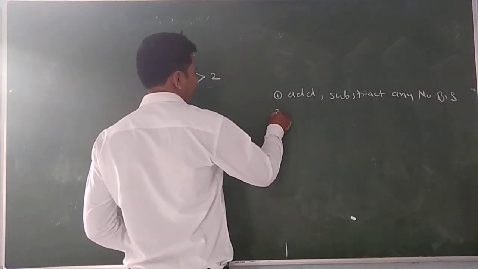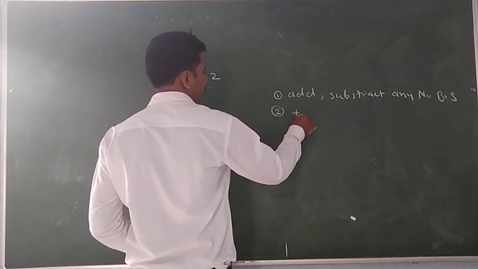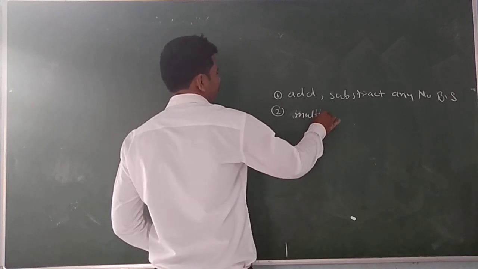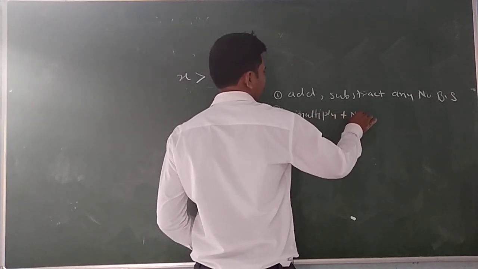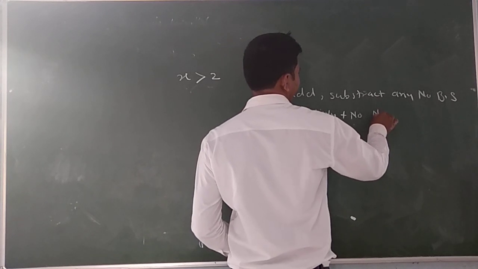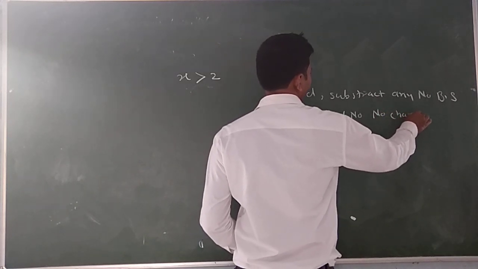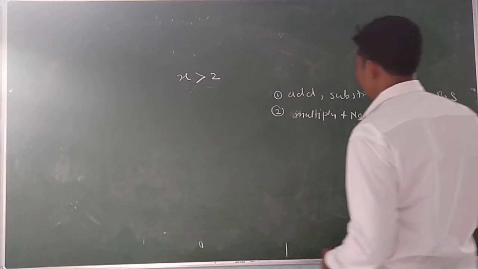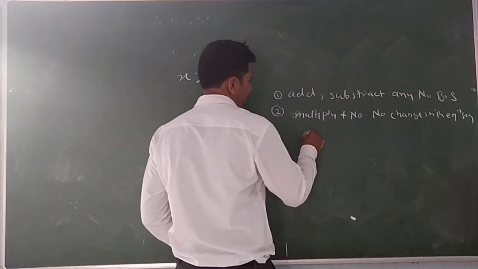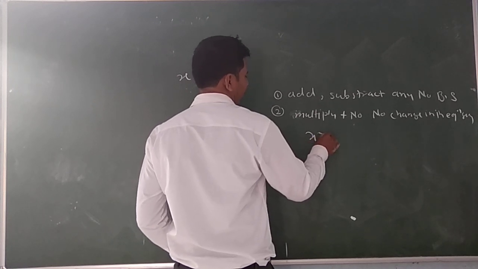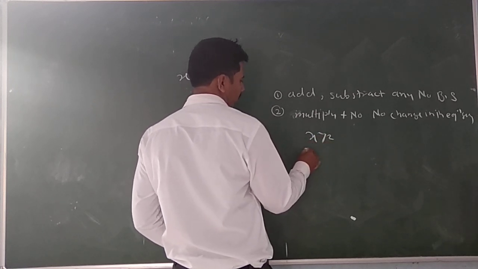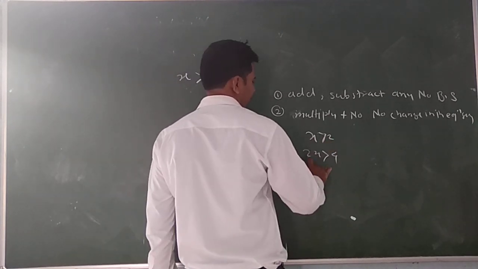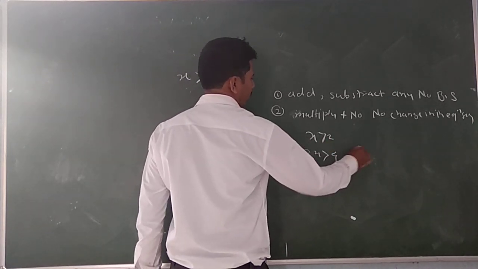If we multiply with a positive number, there is no change in the inequation sign. If x is greater than 2 and we multiply with 2, then 2x is also greater than 4. We have multiplied both the sides by 2.